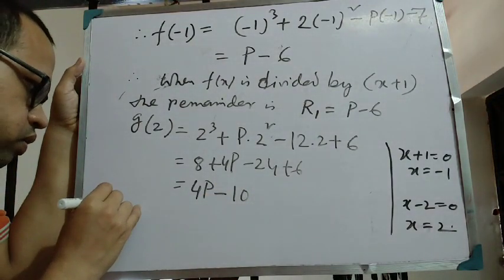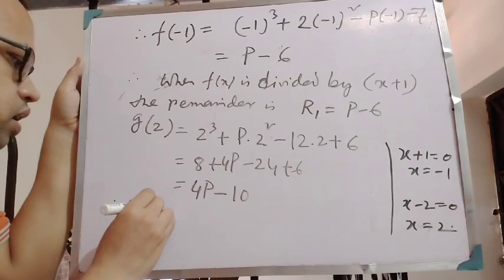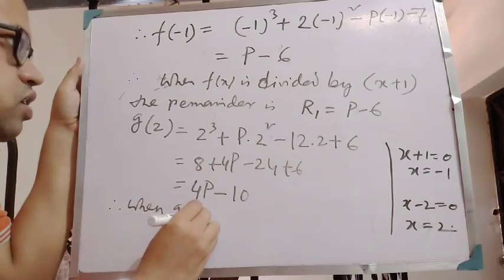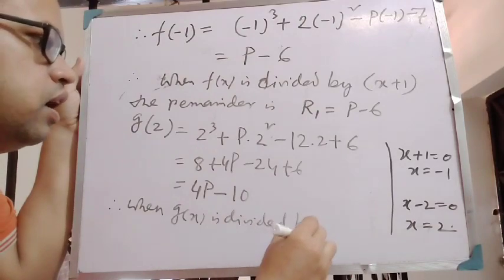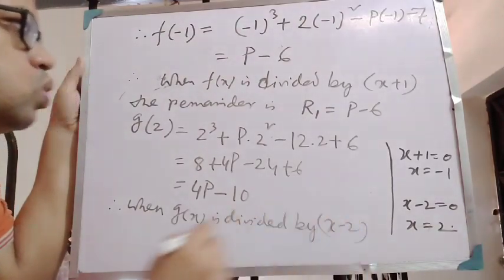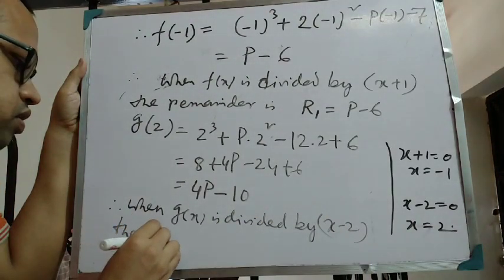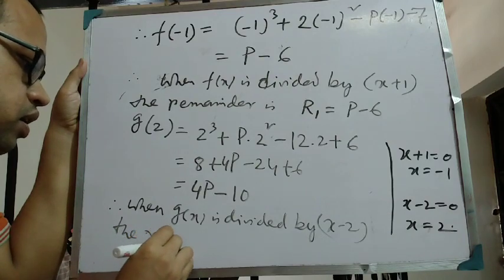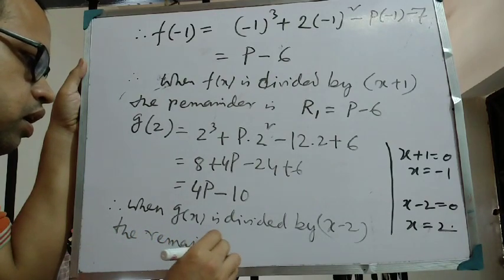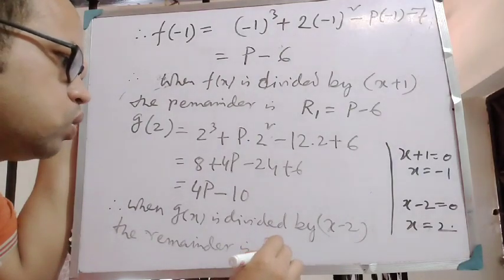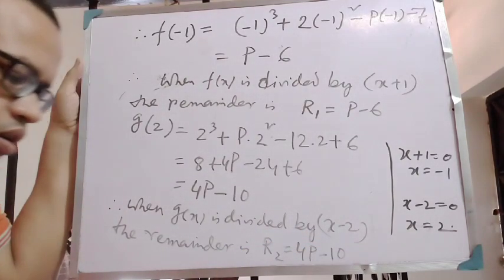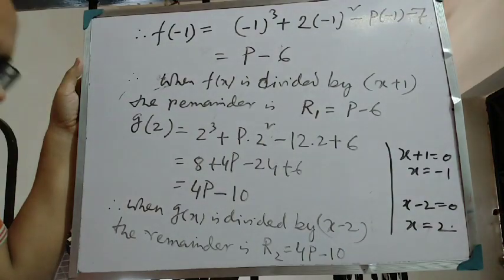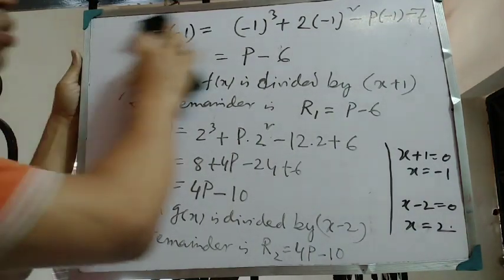So again you can write, when g(x) is divided by x minus 2, the remainder is R2 equals 4p minus 10. So you have found the value of R1 and R2.